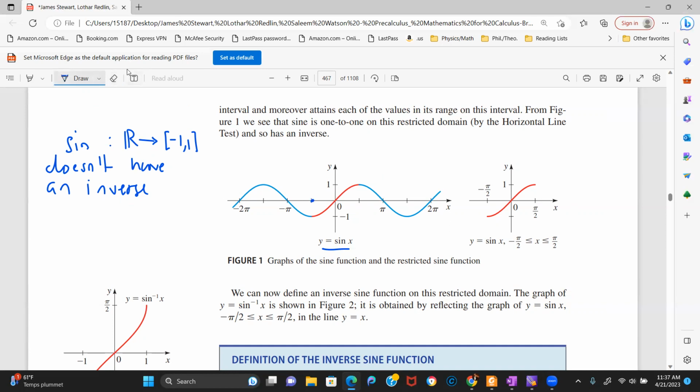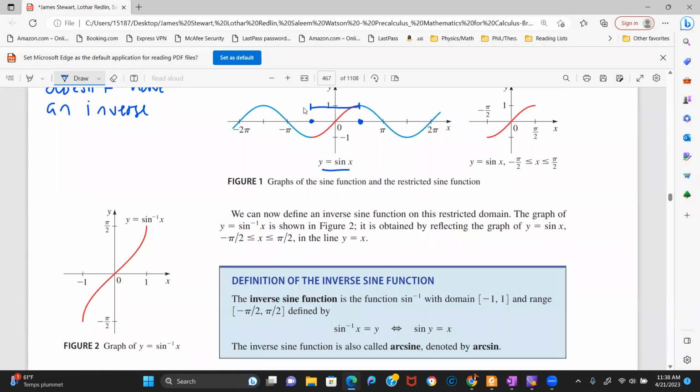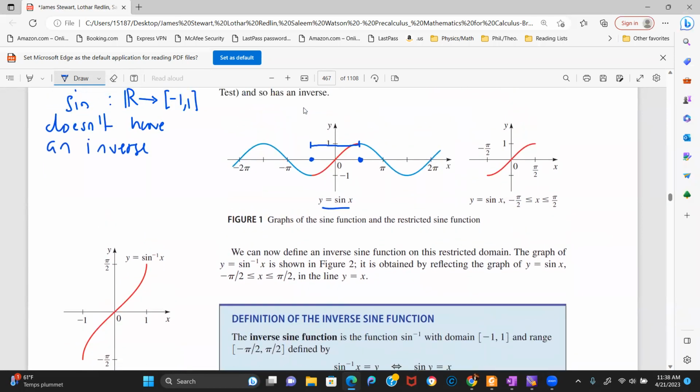We want to restrict the function from here to here, and the length of this interval is pi.